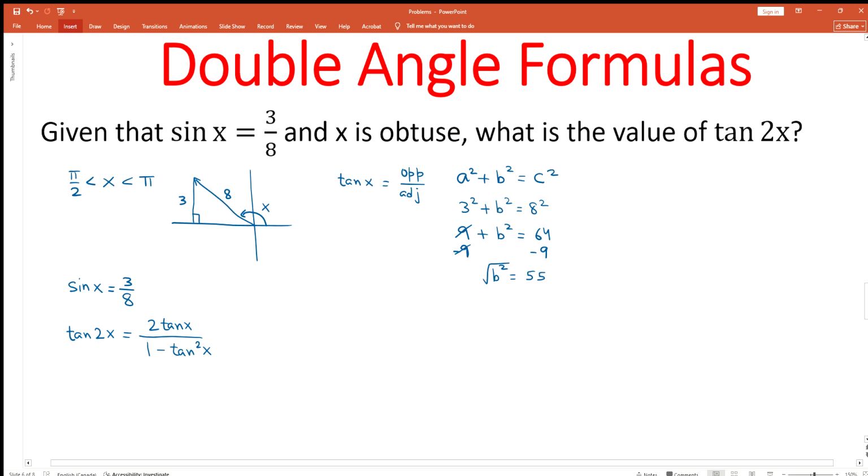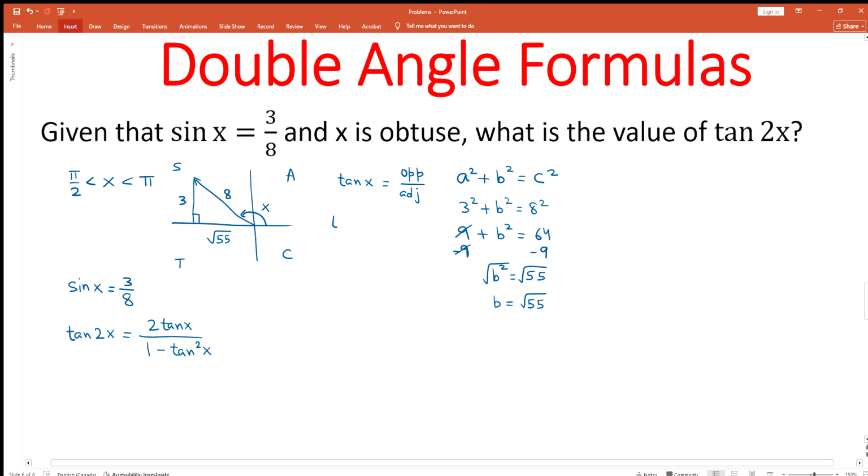Next we can apply square root to both sides. I get b equals square root of 55. We cannot simplify square root of 55. So this is the length of the adjacent side. As per the CAST rule or the ASTC rule, tan is negative in quadrant 2.